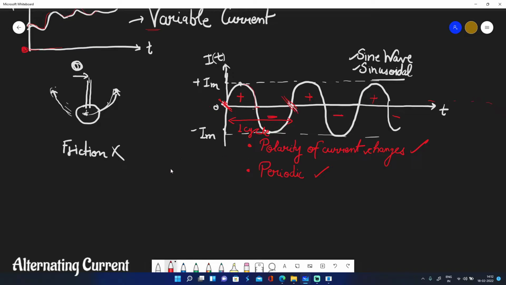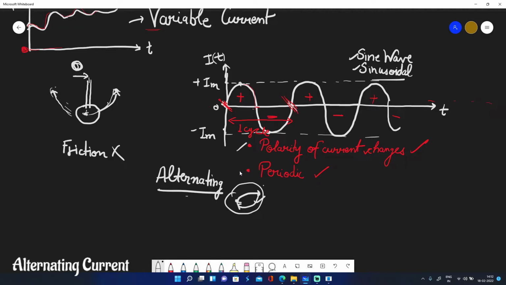That is the meaning of the word alternating. What is the meaning of alternating? Something which begins at a certain position, goes to another position, then comes back to the initial position, and this process repeats. This is known as alternating behavior.